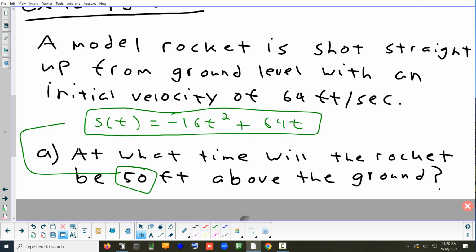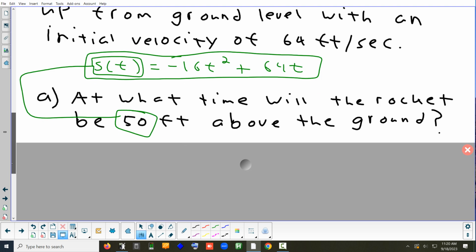Yeah, that's the height. That would replace what's right there. So then you'd have 50 equals, and then your quadratic equation. Like in the last problem, we had 600 equals. So we could solve it exactly the same way we did the last one. I would say you could divide all the numbers by 2 and then use the quadratic formula.